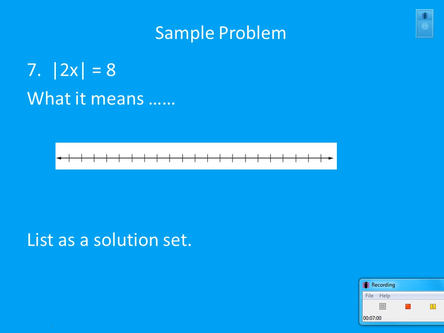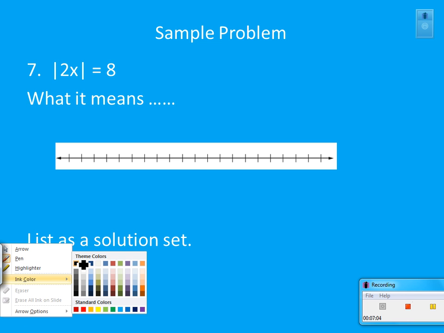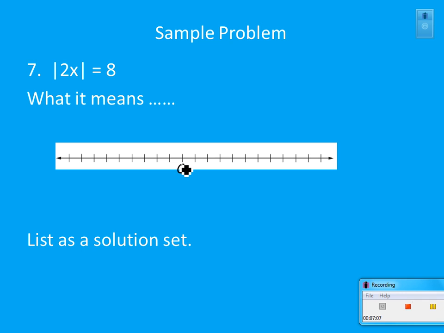So here goes your number 7. Here's what it means, and you'll get these in your head. It means I want you to start at 0. When we get done, I want you to be at 8 and negative 8. So here's your job. You got to go find me 2 times some number that is going to put me at 8. Well, what's that number?